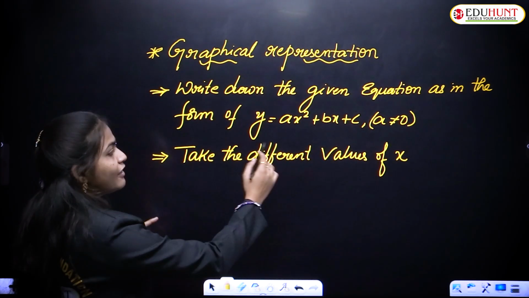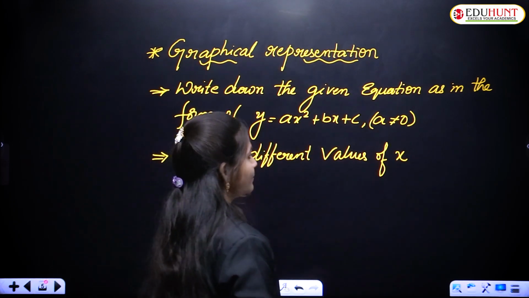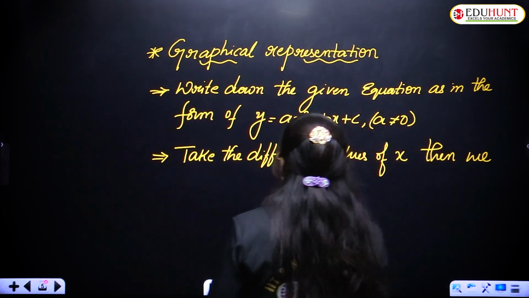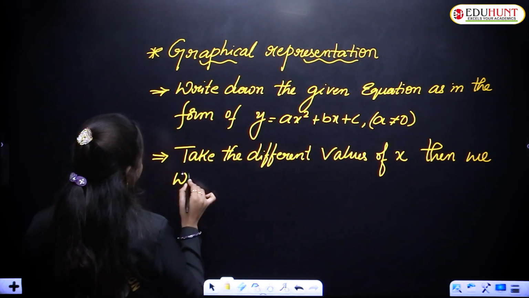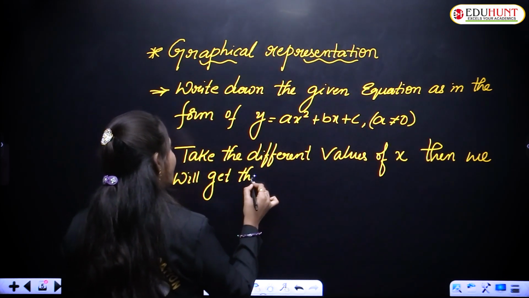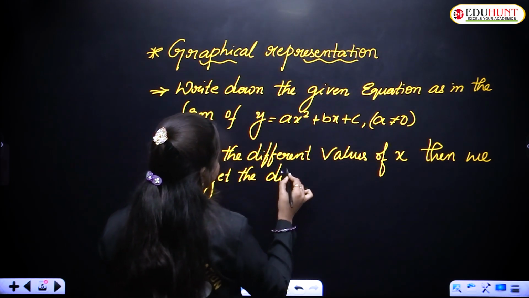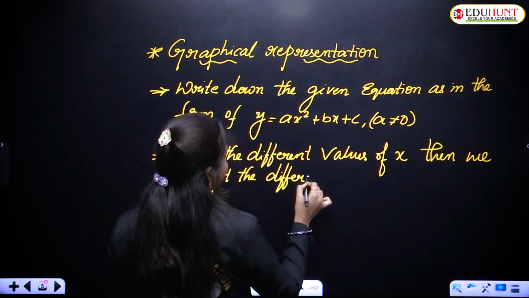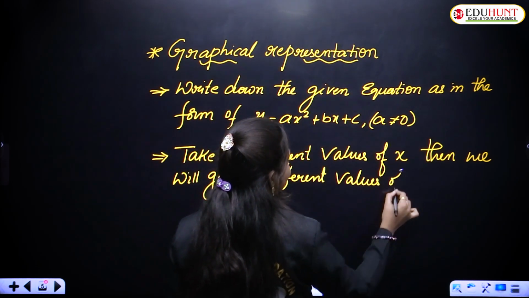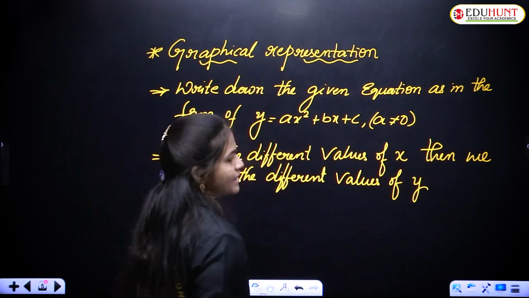So take the different values of x, then we will get the different values of y. Understand?